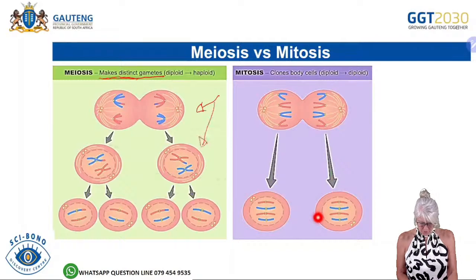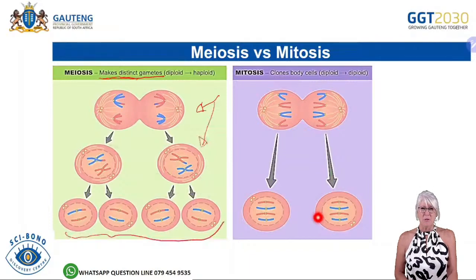After the second division we end up with four. If we have a look at them, there's not one that looks the same as the other, so we usually talk about them as genetically different or genetically non-identical. Okay, so that is meiosis.